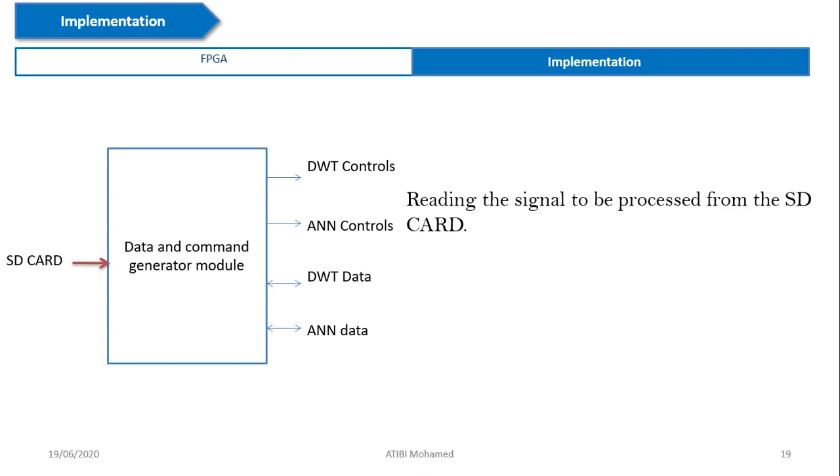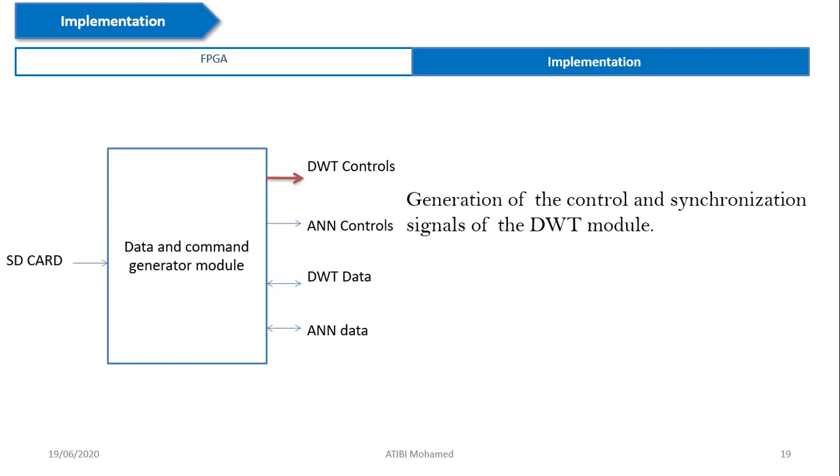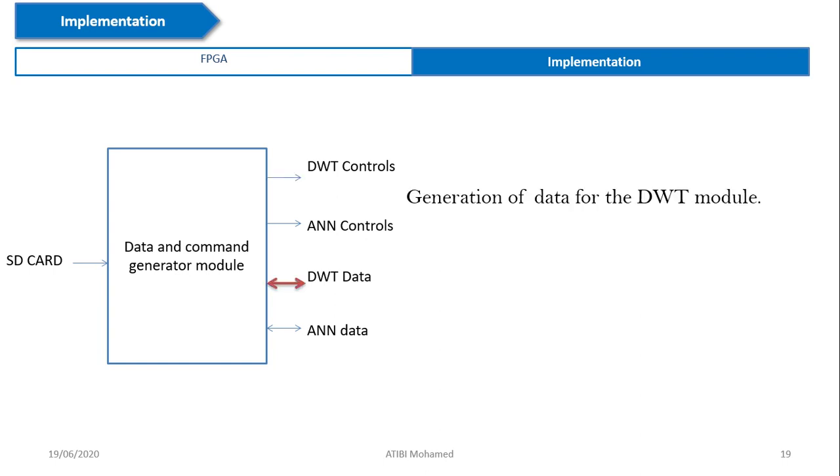Now, for this, we start by reading the signal to be processed from the SD card, generation of the control and synchronization signals of the DWT model, generation of data for this block, and storage of the vector provided by the DWT calculation.